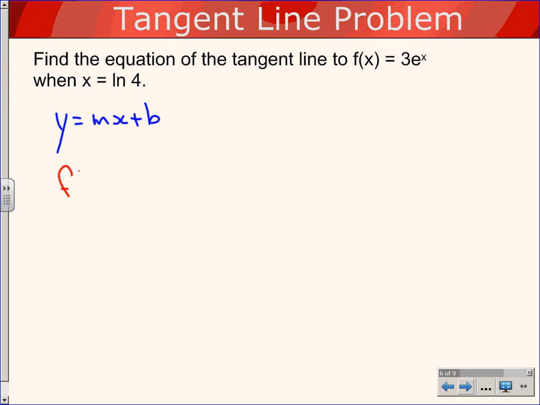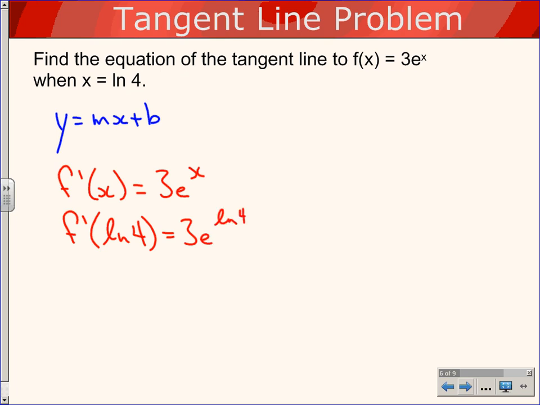F prime of x is easy, actually, because it's 3e to the x. The derivative is just the same. The constant stays, and the derivative of e to the x is e to the x. We want the slope when x is equal to ln 4, so that's 3e to the ln 4. You can put that in the calculator, but remember we talked about that last class: e to the ln 4 is just 4. So that's 3 times 4, which is 12.